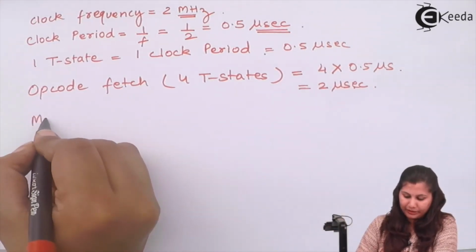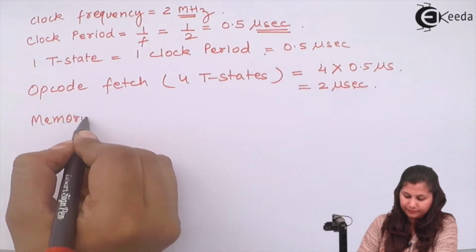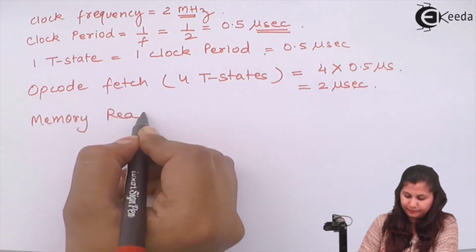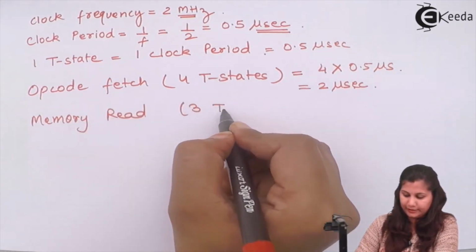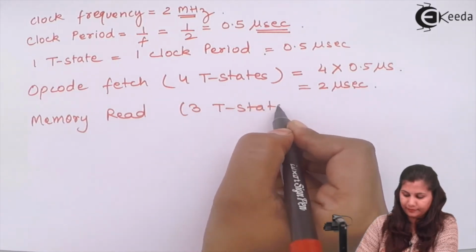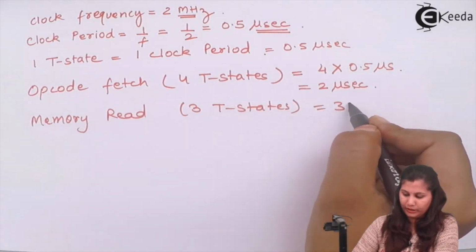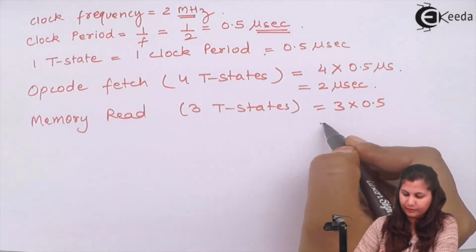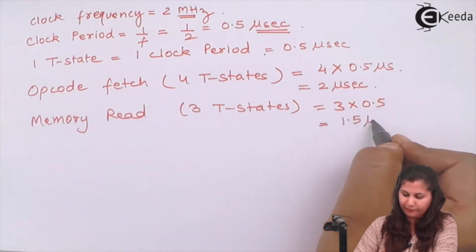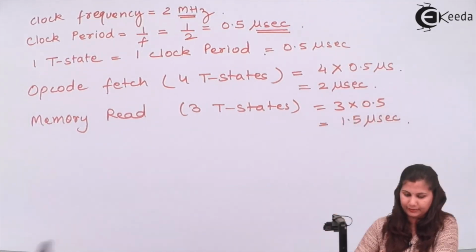Then we have memory read, 3 T states. So 3 into 0.5, it will be 1.5 microseconds.